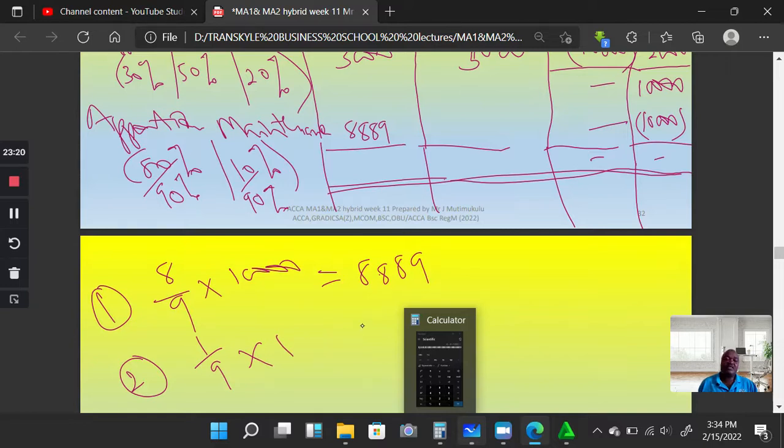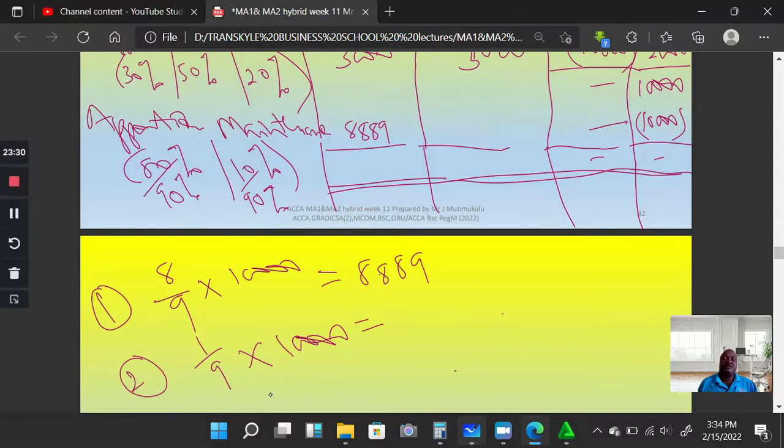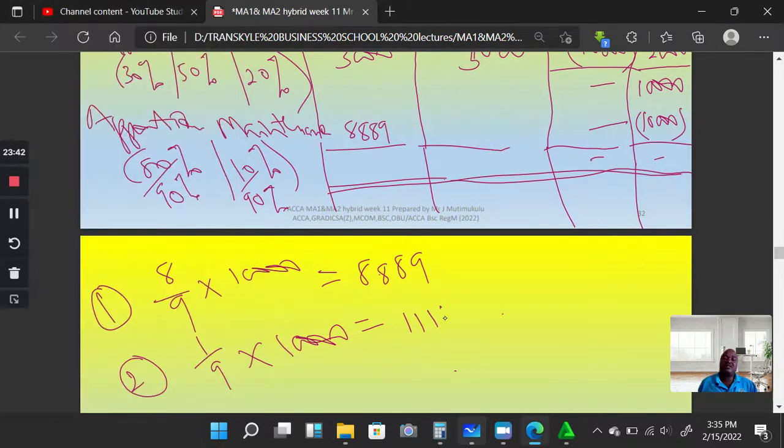So you can see that the principle is just the same as what we did earlier on. 1 over 9 multiplied by 10,000 is 1,111.